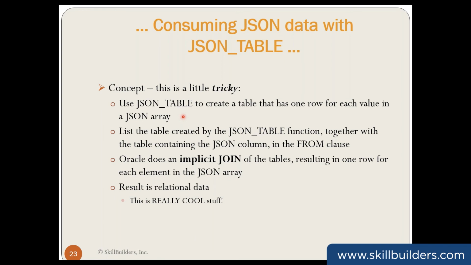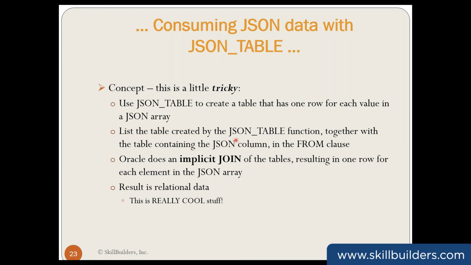In essence, JSON table creates something that looks like our employee table as a relational construct. The base table might have many other columns; that's like the department table. So all you do is list 2 tables in the from clause: the table resulting from the JSON table function, and also the table containing the JSON column.